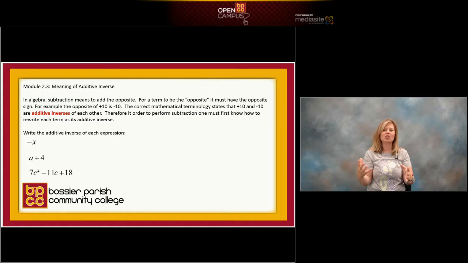So before we get started with subtraction, we got to understand every term in algebra has an additive inverse. So for example, just like in arithmetic, if I have the number plus 10, the opposite or additive inverse of that would be negative 10.